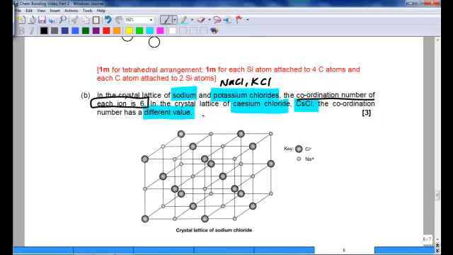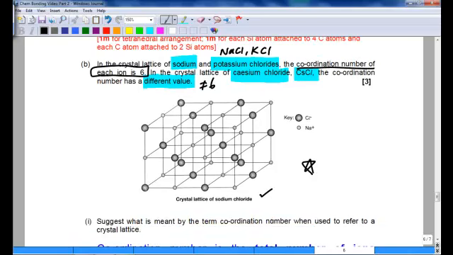That means, of course, it is not 6. This diagram gives us an overview of the crystal lattice of sodium chloride, and they ask you to suggest what is meant by the term coordination number when used to refer to a crystal lattice.